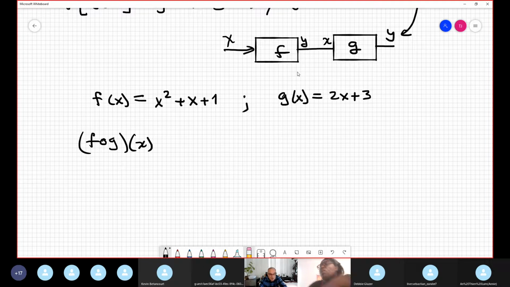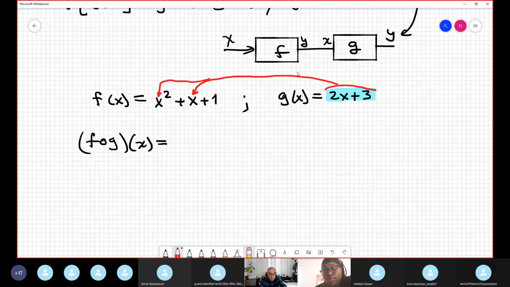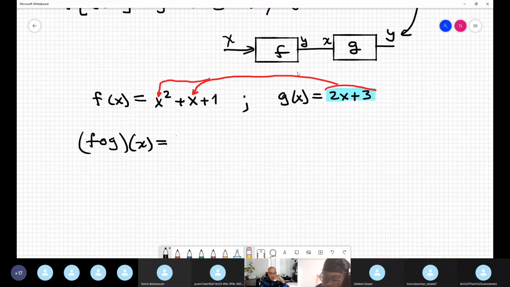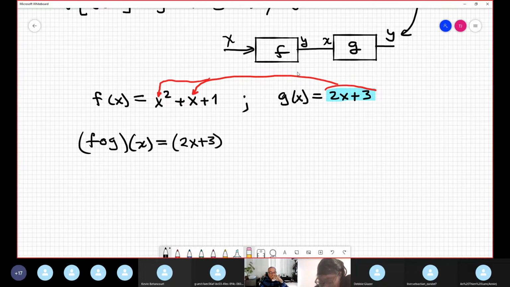Therefore, the interpretation is that g, the first function, is plugged in completely into the x of f. So you write something like that: 2x plus 3 squared, plus 2x plus 3, plus 1.